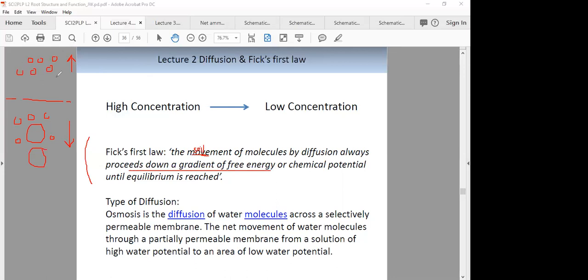So we've got high free energy of water molecules here, lower free energy here. So water will move in this direction. Absolutely correct. All right, so remember, read this slide again just to make sure that you're clear on that. Get rid of that pen.